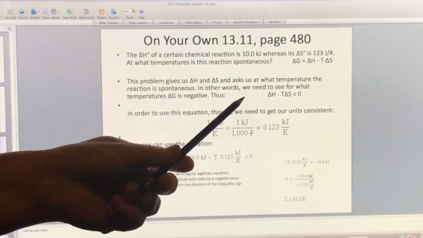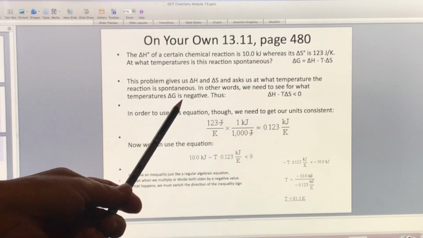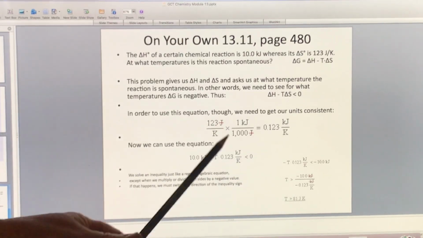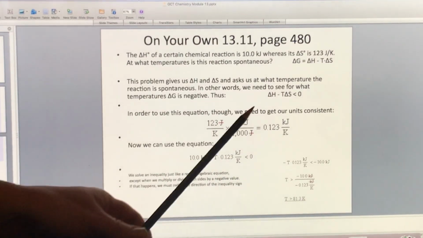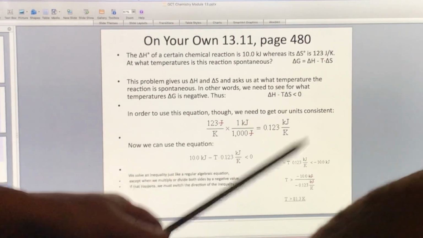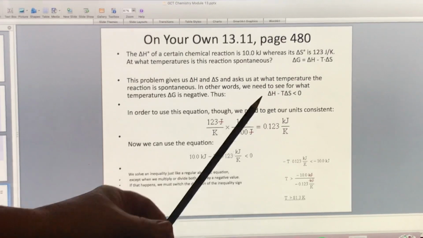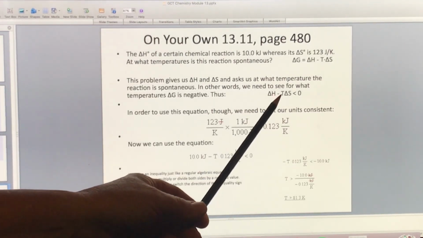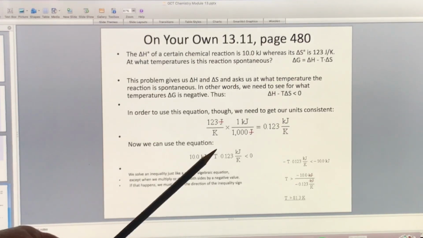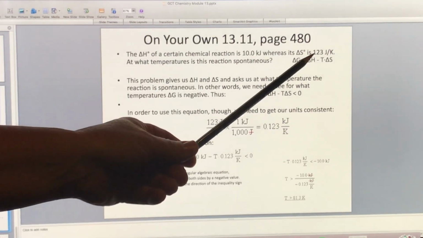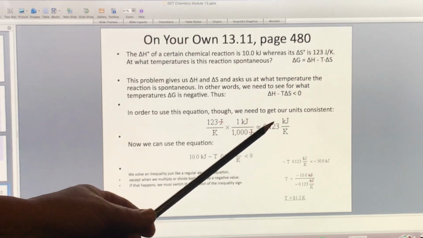In other words, it says they need to see for what temperatures delta G is negative. So we rearrange the formula, and just like we did in the last one, we have delta H minus T times delta S is less than 0. So first we convert the joules to kilojoules by dividing by 1,000.